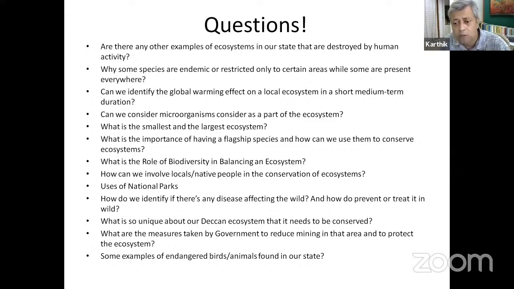What is the role of biodiversity in balancing ecosystems? Now, the word balancing is slightly difficult because there is no balance actually. Ecosystem is always in a dynamic equilibrium. It's not like a balance which you hold to weigh. You put a 1 kilo weight here and 1 kilo tomato or potato, and then you weigh it and it balances. No. Ecosystems have many components and they offer many services.